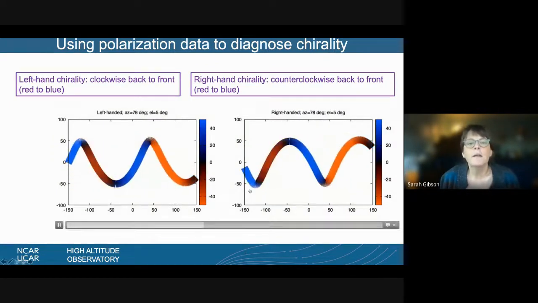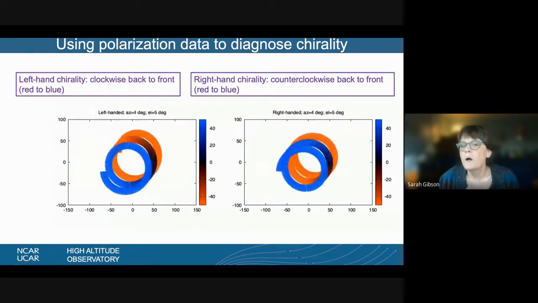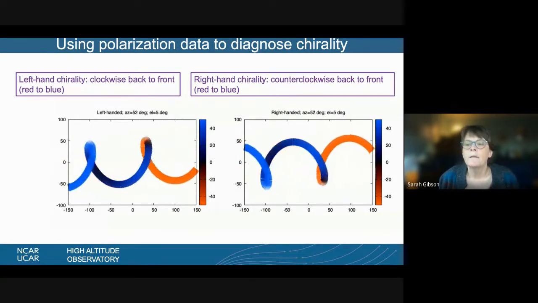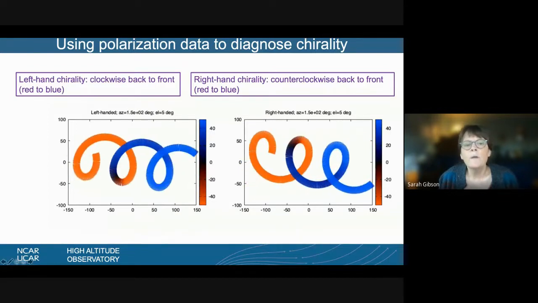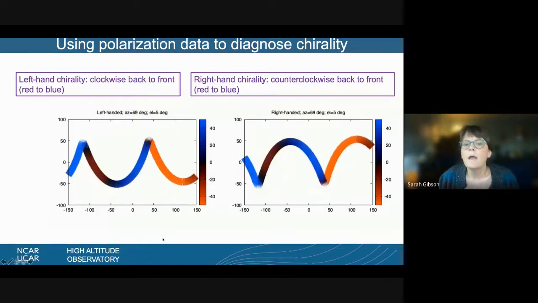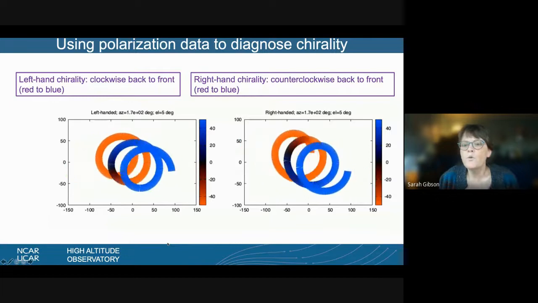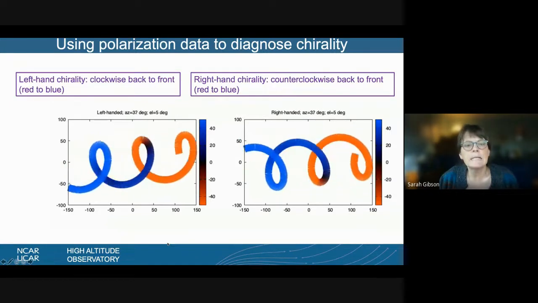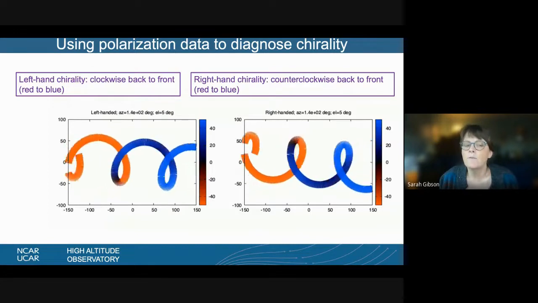It shows a left-handed and a right-handed twist, returning to the red-blue color table now. And on the left, we've got the left-handed, of course. When we view it obliquely, like for example there, then the direction of circulation is clear. But when we view exactly perpendicular to the axis, like for example right there, things get a little bit confusing.